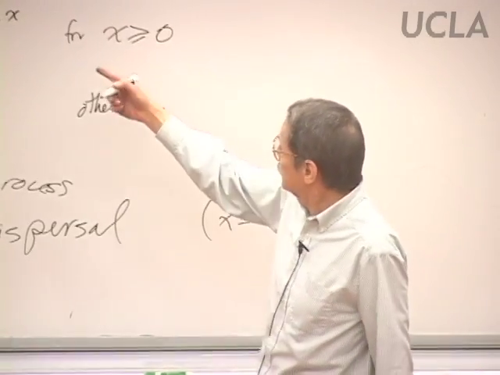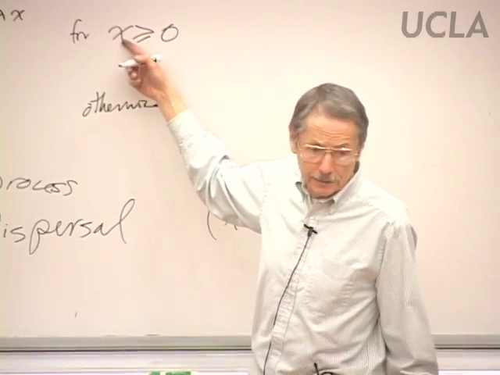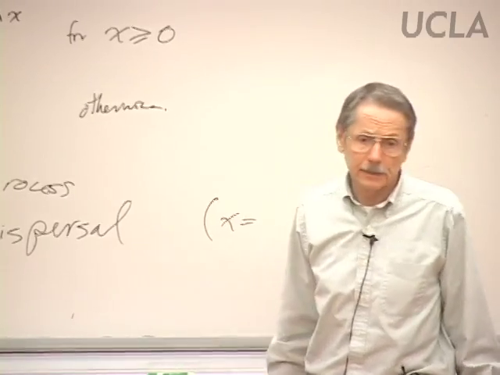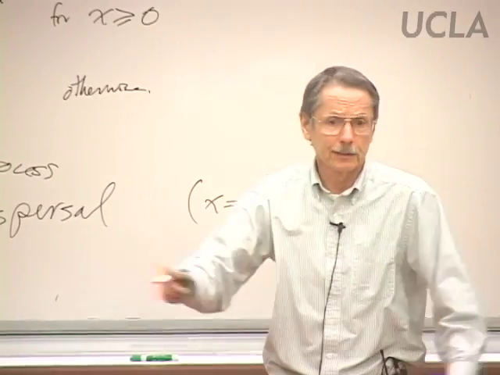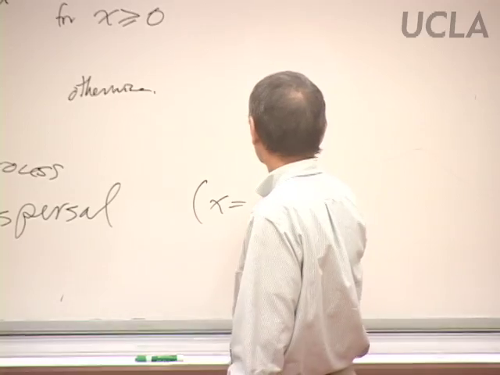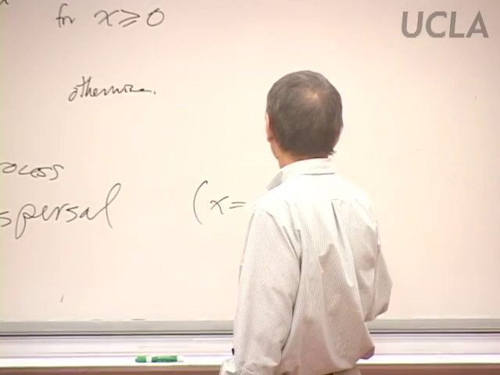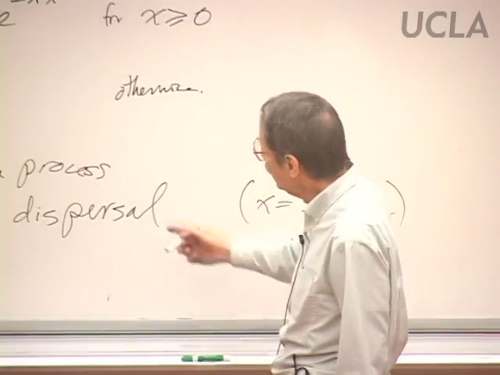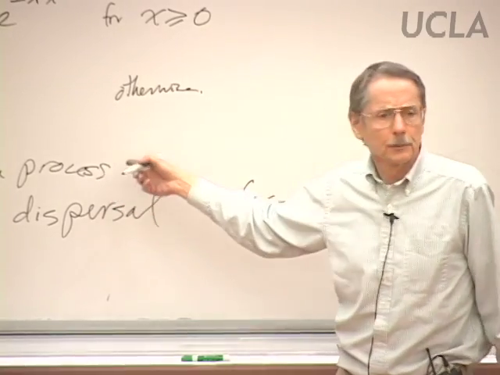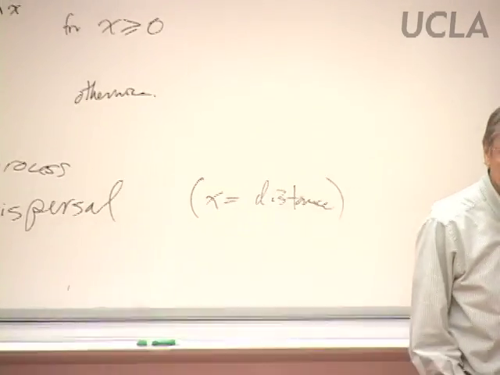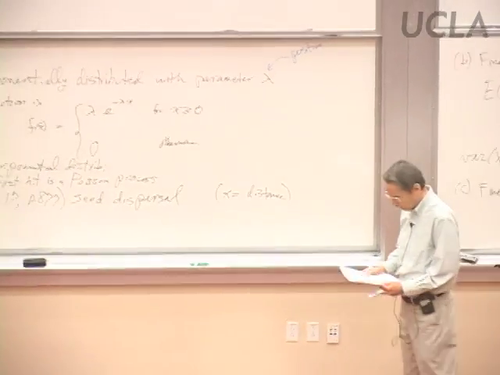In this case, x is not time, it's distance, the distance that the seed lands from the parent plant. Well, that's rather different, or at least it appears rather different from a Poisson process.